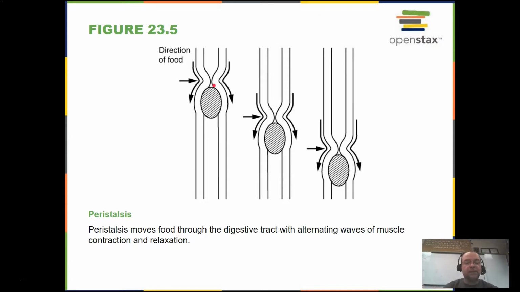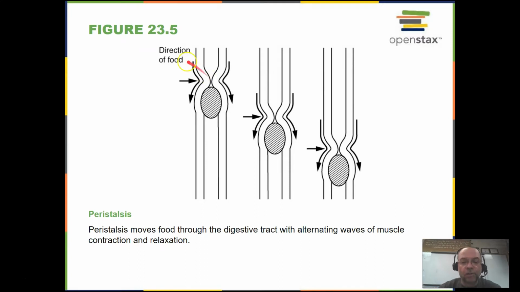So if the distal muscles relax and the proximal muscles constrict, you will end up pushing that food bolus down, down, down, down. Remember, that ball of food is called a food bolus.